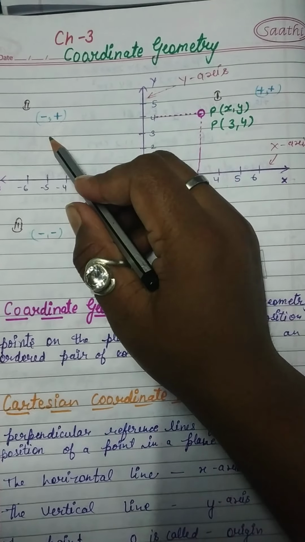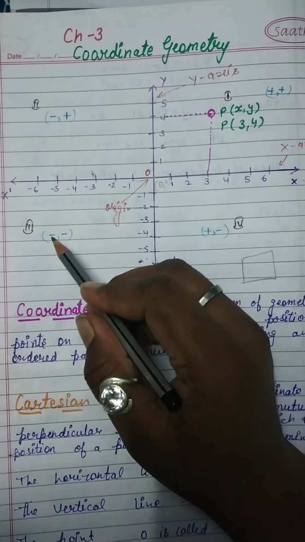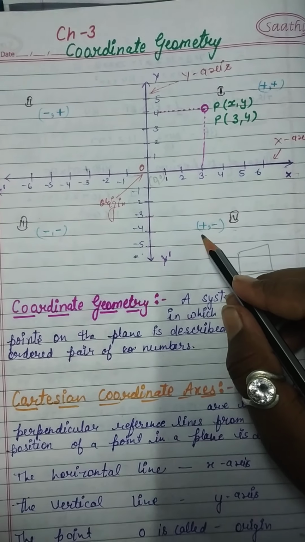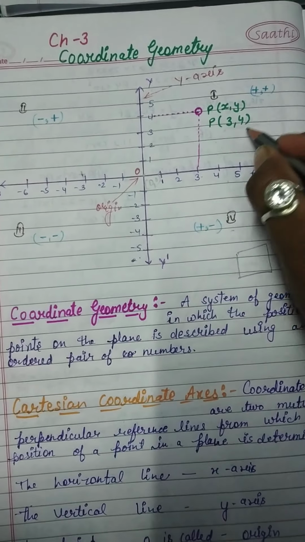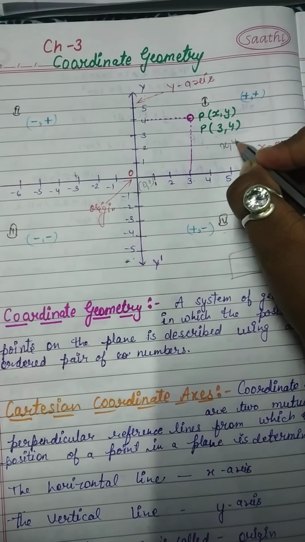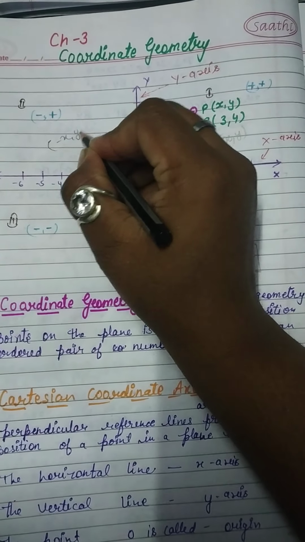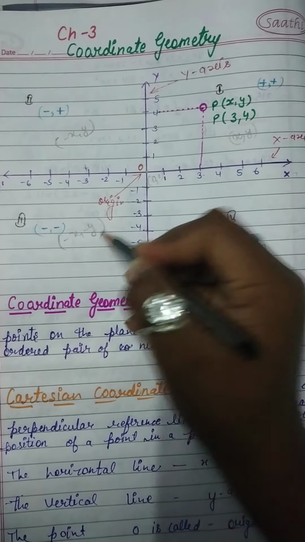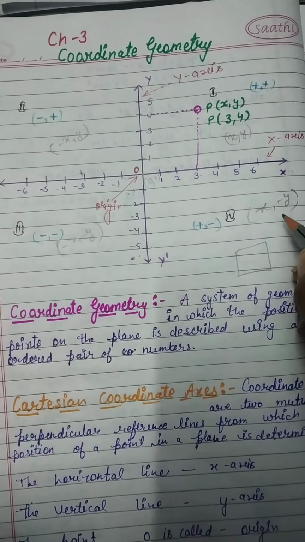In the second quadrant, x is negative and y is positive. In the third quadrant, both are negative, and in the fourth quadrant, the first is positive and the second negative. So (x, y) in the first, (−x, y) in the second, (−x, −y) in the third, and (x, −y) in the fourth.